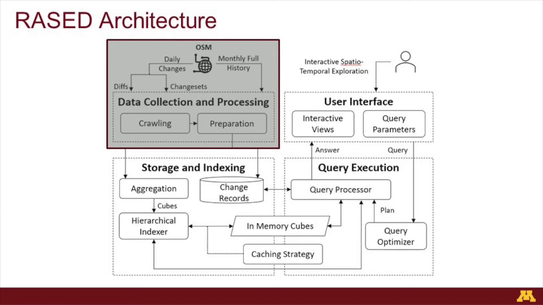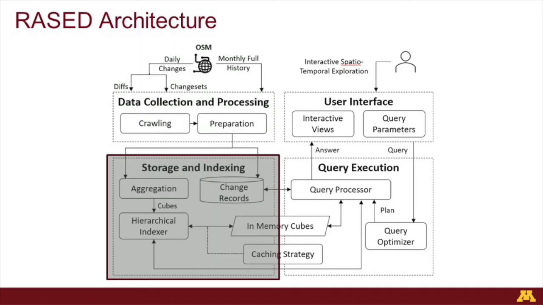The prepared data then goes to the second module, which is the storage and indexing, which is a core module in the system. It takes the prepared data and performs offline computations to reduce the response time of RASED and make it interactive. All map updates are pre-aggregated on several dimensions, such as time and location, road type, and update type.